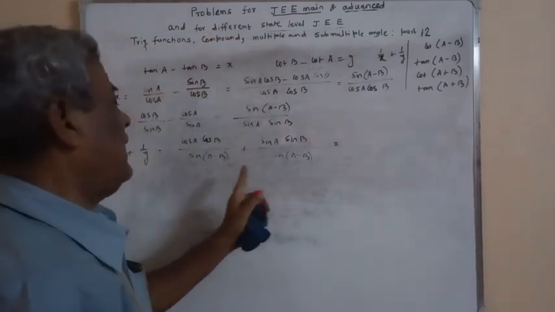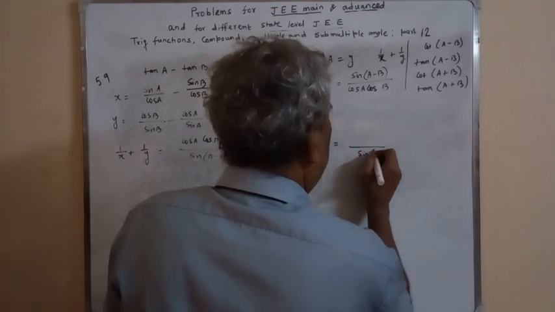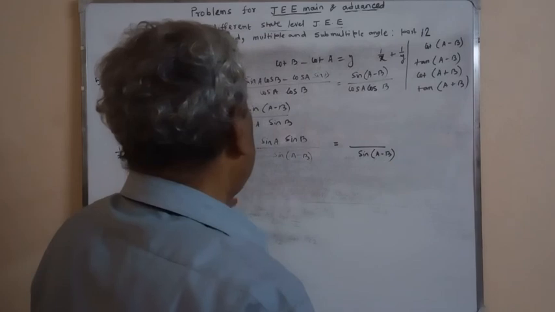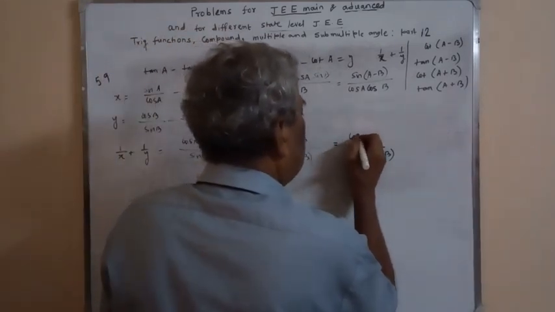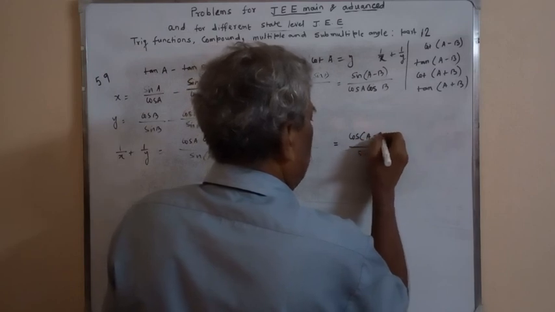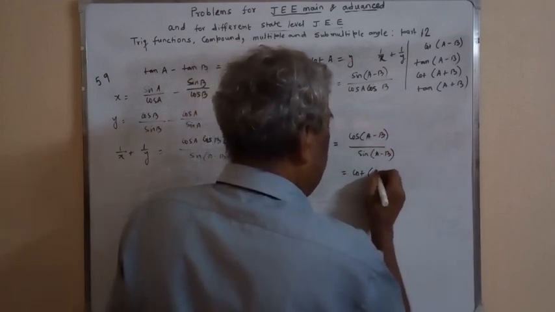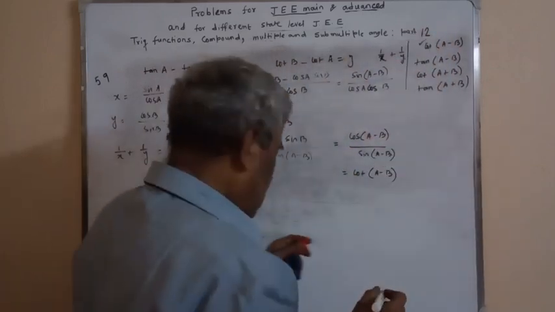LCM is sin A minus B, and numerator, it is cos A cos B plus sin A sin B. So cos of A minus B. So it is equal to cot of A minus B. So first option is correct.